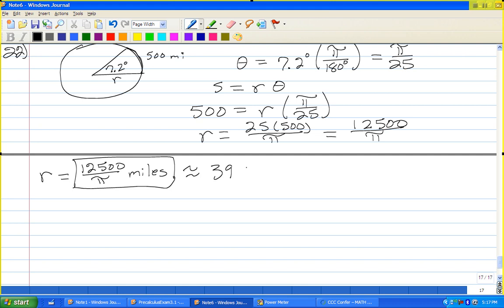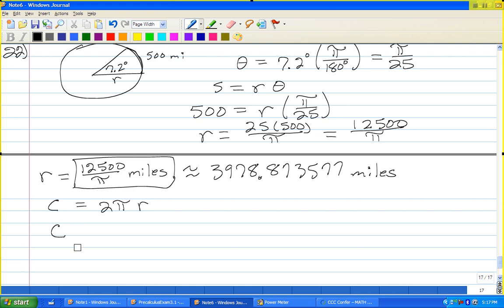Approximately 3,978.873577 miles. Probably 4,000 is about as close as you can get. And you want to figure out the circumference, which is 2 pi times the radius.